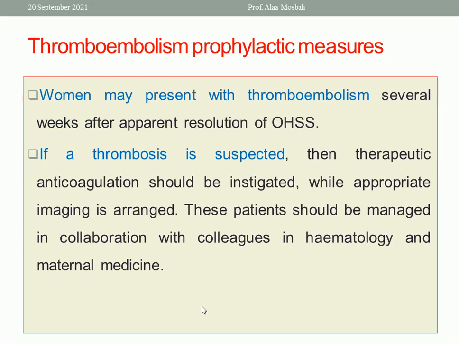Women may present with thromboembolism several weeks after apparent resolution of ovarian hyperstimulation syndrome, as I mentioned before. If thrombosis is suspected, then therapeutic anticoagulation should be initiated. So you should start another dose, because a prophylactic dose, like 5,000 heparin subcutaneous every 12 hours, is for prophylaxis, not for management of thromboembolism.